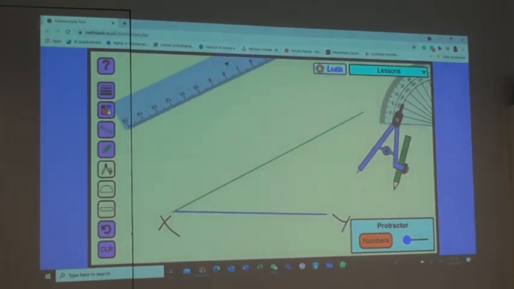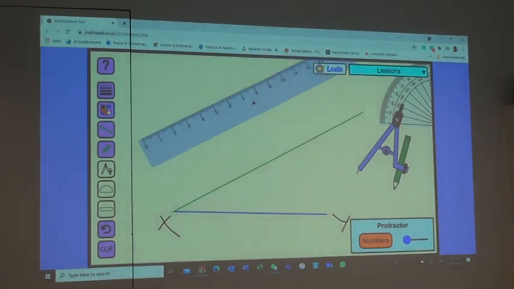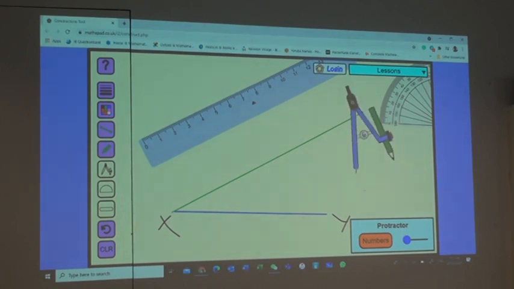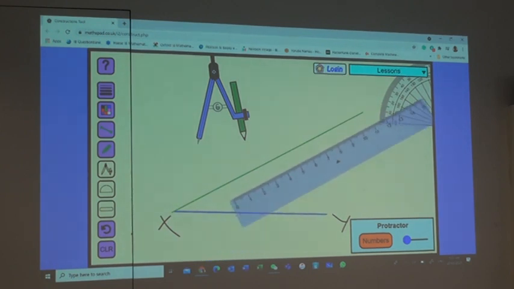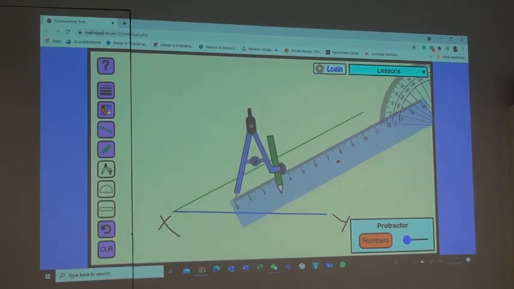Then the next task was, the point Z is 6 centimeters. Okay, so you come back here. Let's try to move the entire compass. How do I move the compass now? Okay. How about we bring the ruler down? So this point will be on 0, yes?